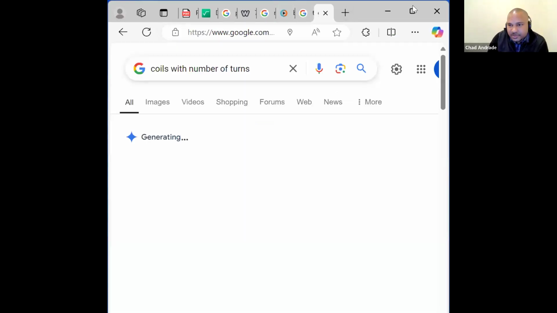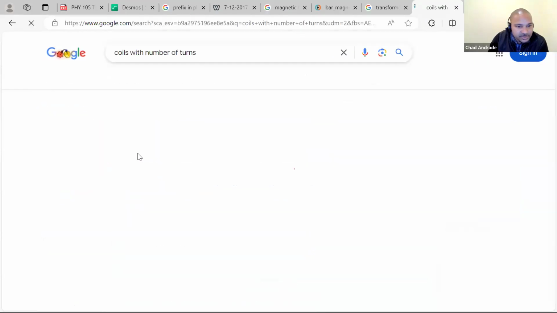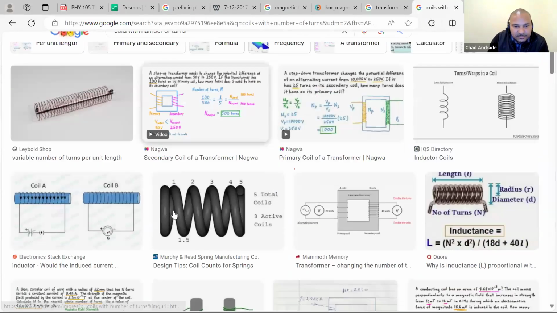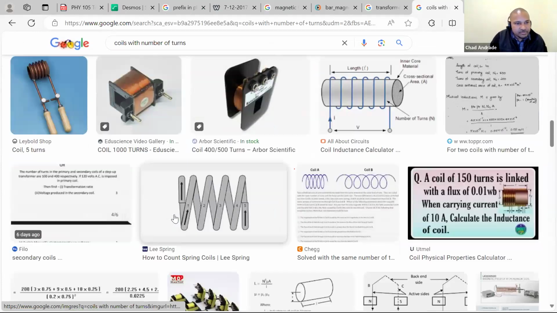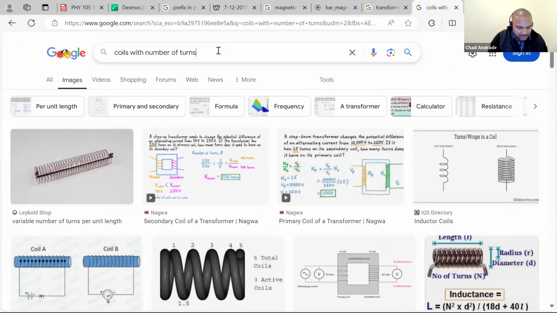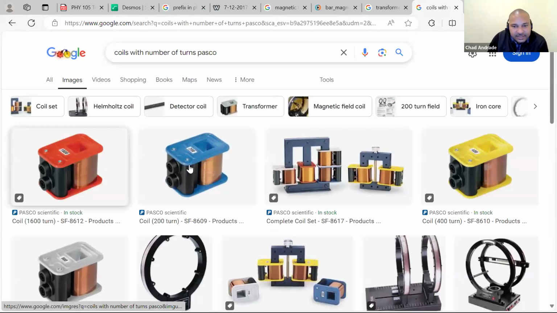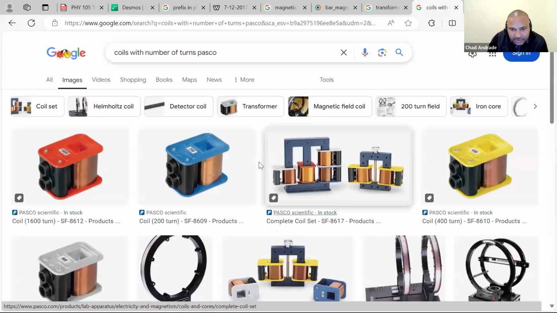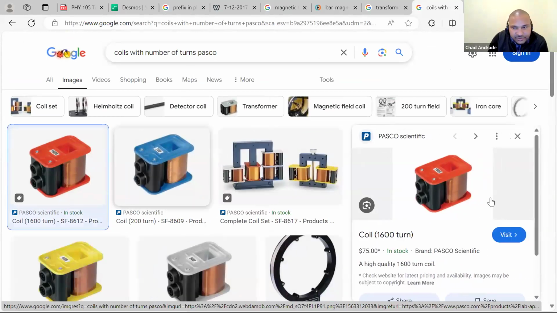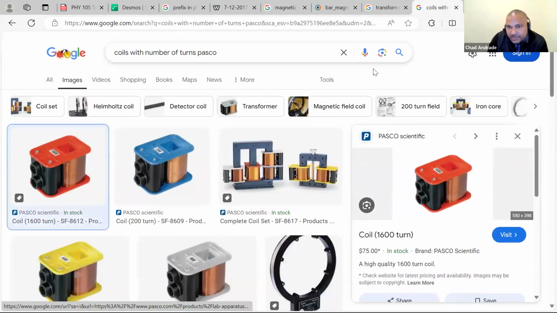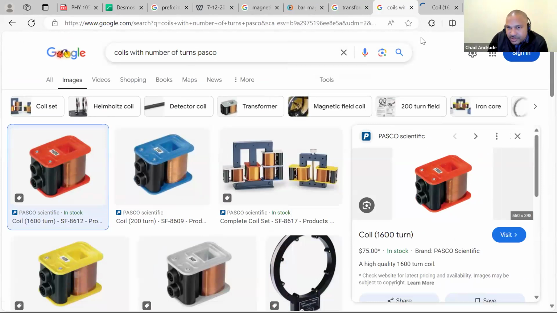I want you to be able to visualize what this looks like, so let me choose some images. I'm going to put the Pascal coil. The one that we have in the physics lab looks something like this. And by the way, this is your transformer right here in this picture, but I'll show you the coils first. Sometimes the coils will tell you the number of turns, the number of times the wire is spun around.